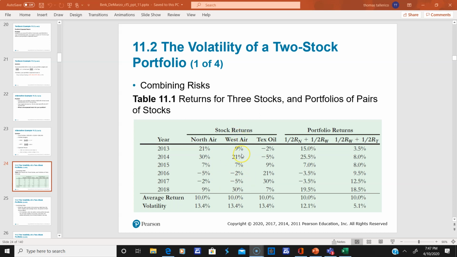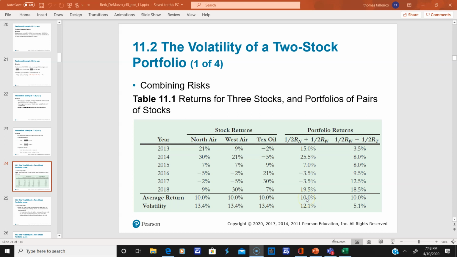So let's look here. 9 and 21 is 30, 37, 35, 30, 30 and 30 is 60. Divided by 6 is 10. So if you simply add them up and divide by 6, you'll notice even the portfolio comes out to 10%.